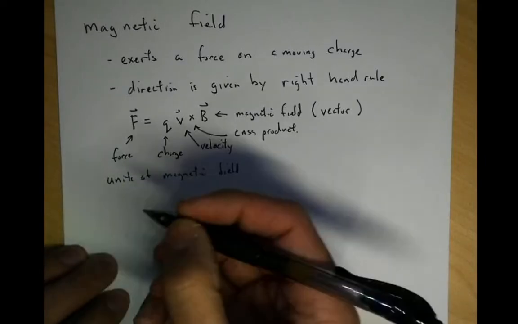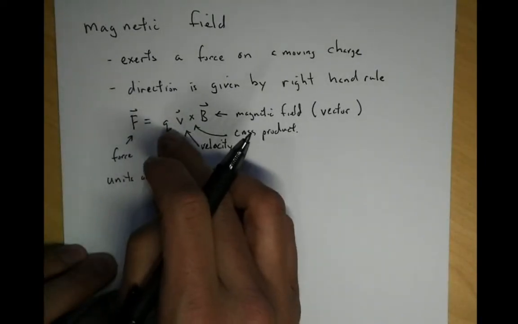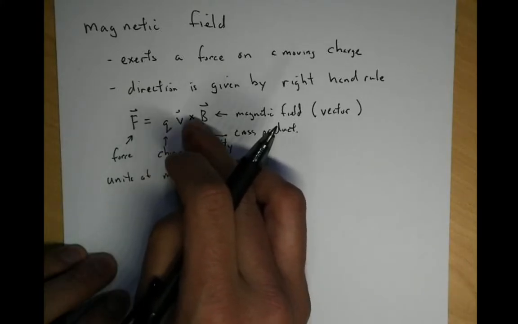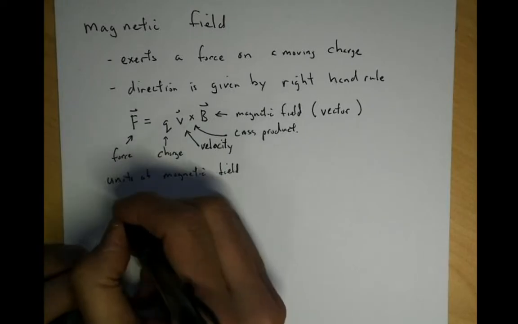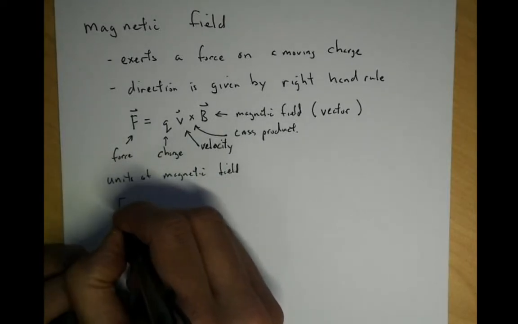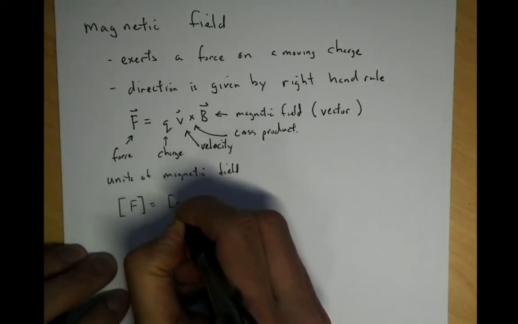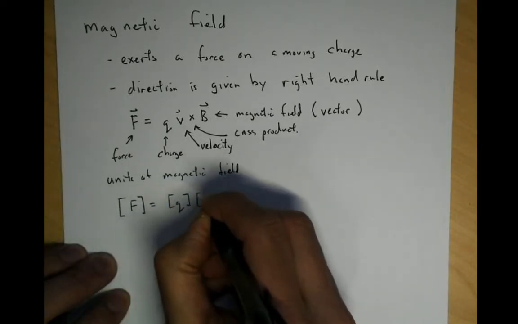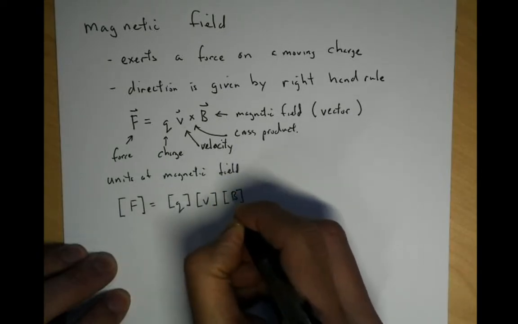Let's write this down. The equation is force equals charge times velocity times magnetic field. So the units of force equal units of charge, units of velocity, units of magnetic field. This is what I want to find.